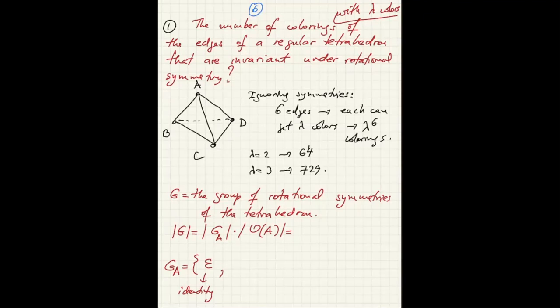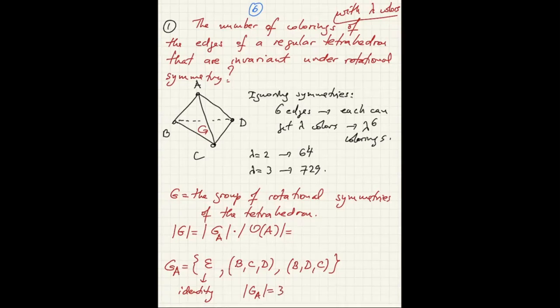How many rotations can you have there? If we go counterclockwise, B goes to C, C goes to D, and D goes to B. Or you can rotate the other way around: B goes to D, D goes to C, and C goes to B. So those are the only rotational symmetries that fix A. So the cardinality of G of A is 3.